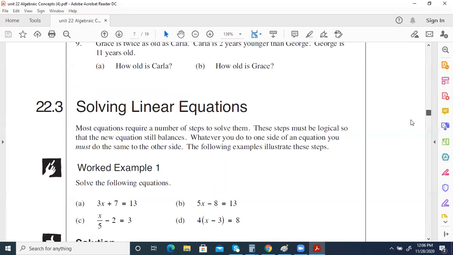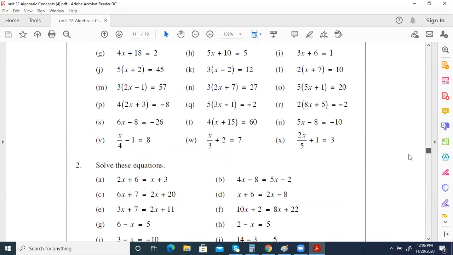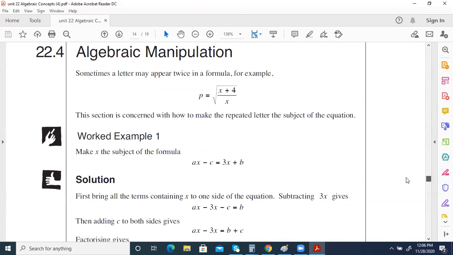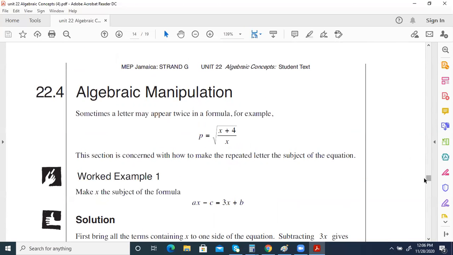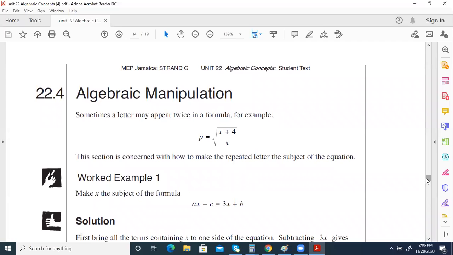Give me a second. Oh, I see it here. So algebraic manipulation. The directive here says, make x the subject of the formula, or change a formula, or something of the sort. So it's in the notes that I sent.